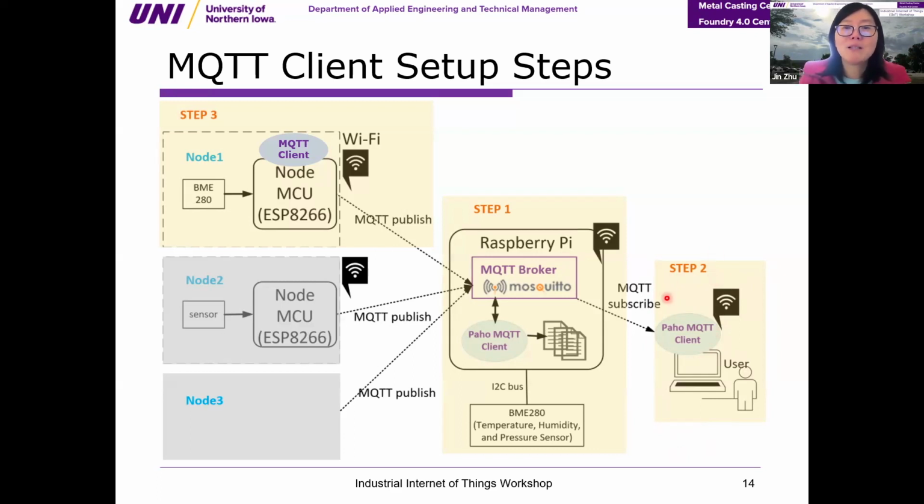So I'm going to implement a subscriber on your computer. That's step 2. And then the third one, I'm going to implement in another MCU. With that, whatever this client receives will include not only messages published by your Raspberry Pi, but also by the NodeMCU. Okay, so those are the 3 steps.